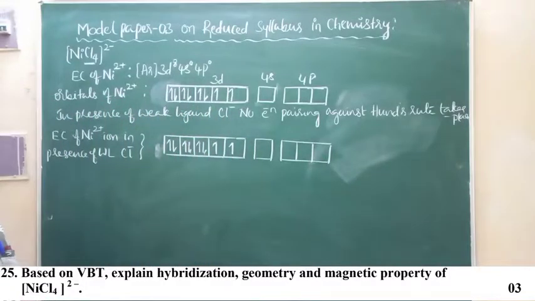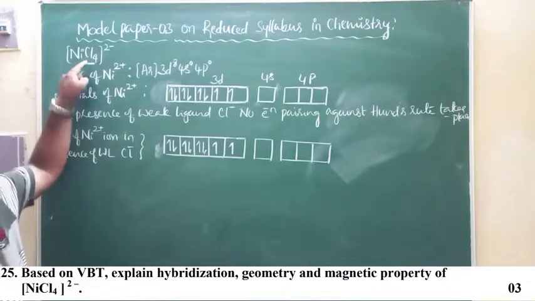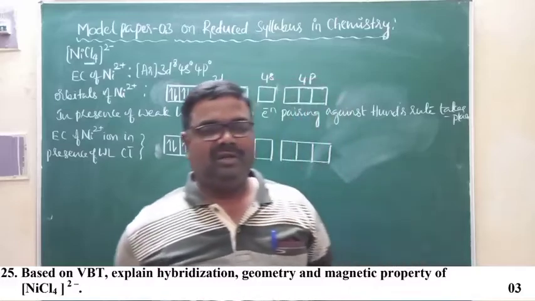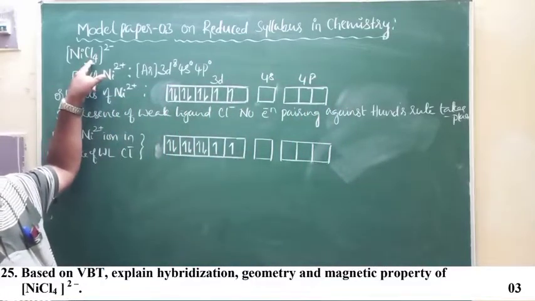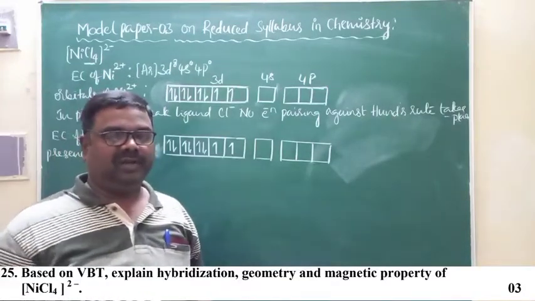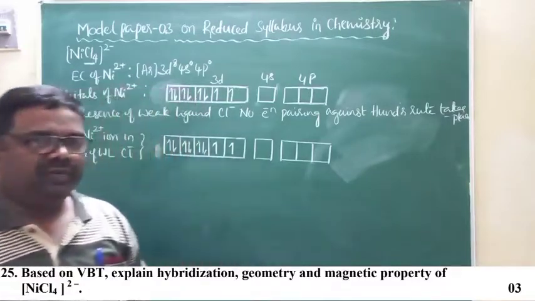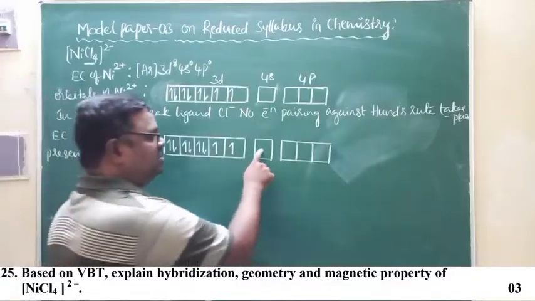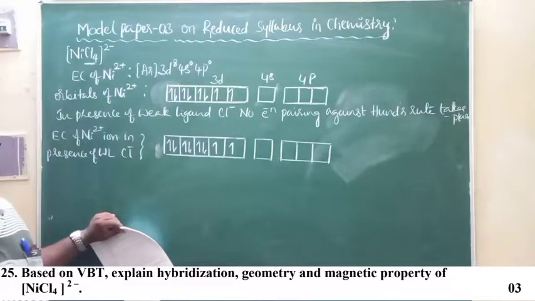We have 4 ligands in the complex. Each ligand contributes 1 pair of electrons for the formation of the complex. Totally 4 Cl minus ions will donate 4 pairs of electrons. In order to accommodate those 4 pairs of electrons, we need 4 empty orbitals. Because of that, the 1 s orbital and 3 p orbitals undergo hybridization.